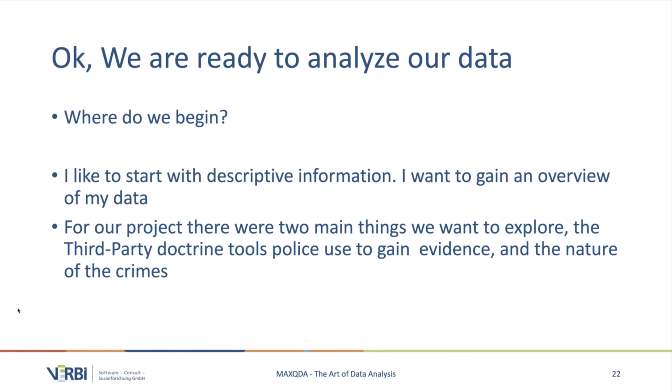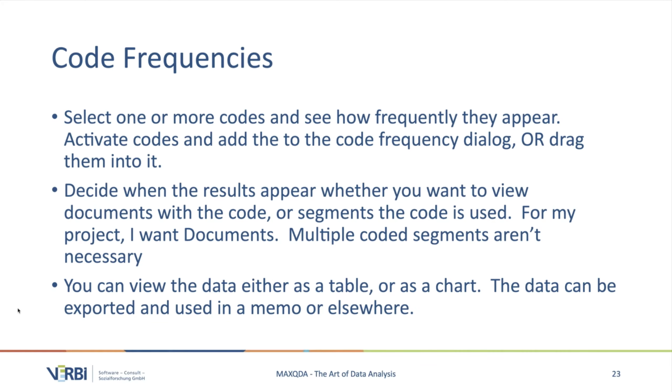Well, I think we would begin with code frequencies. It's almost always my go-to, my starting point for coding a project. Select one or more codes, see how frequently they appear, activate codes, add the codes to the code frequency dialogue, or drag them into it.